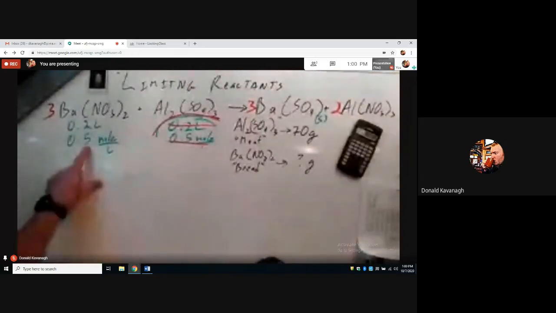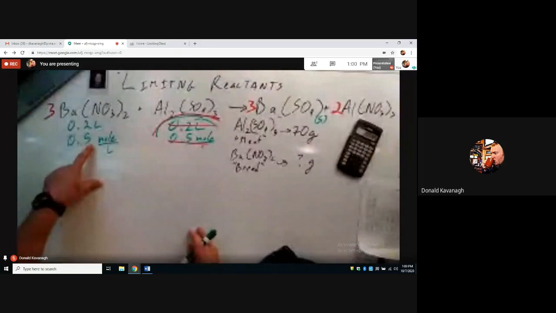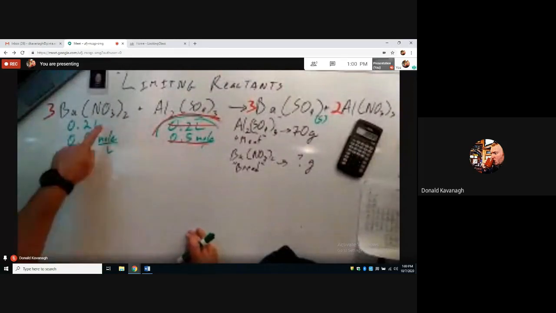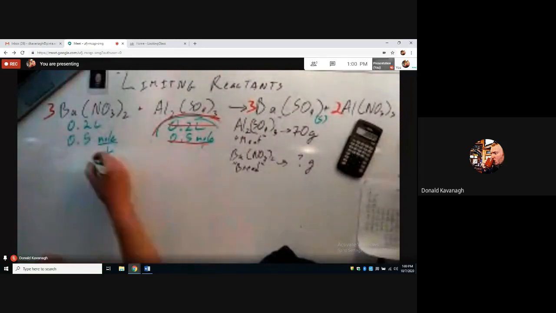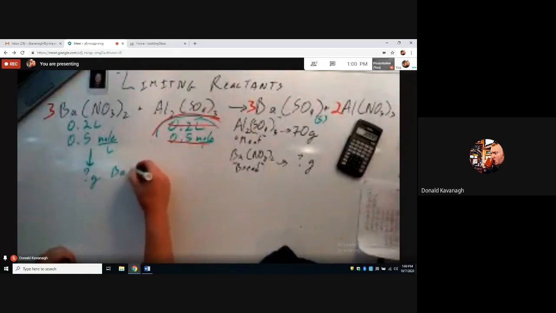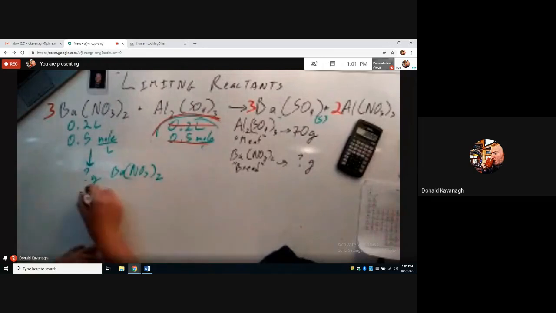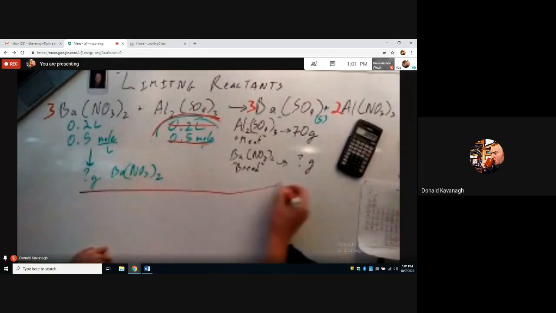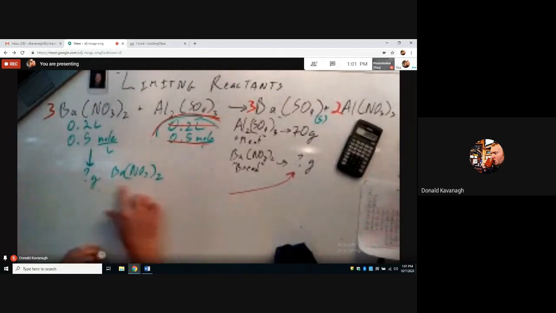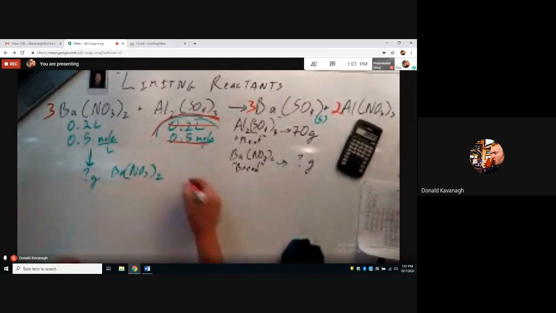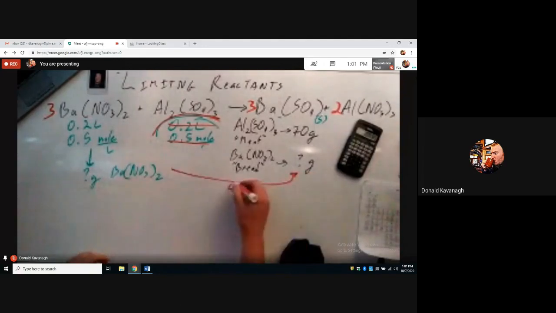So same setup here. I'm going to take this solution, concentration and volume, figure out how many grams of barium nitrate are present, and then taking these grams, I'm going to calculate how many sandwiches could be made in a 4-step process.